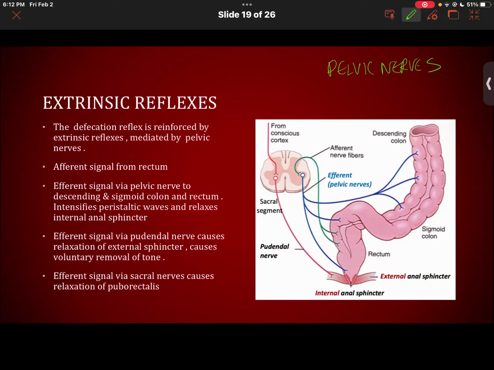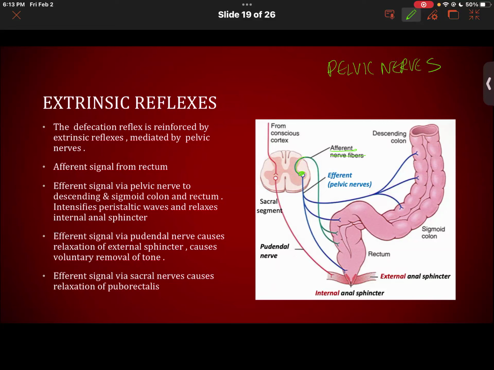The afferent signal is from the rectum. So once the rectum is filled up with feces, obviously there are stretch receptors, and it's going to send an afferent signal, with an A. Okay, via the afferent nerve fibers it is going to send a signal to the spinal cord. It's a sensory signal telling the spinal cord that the rectum is full.